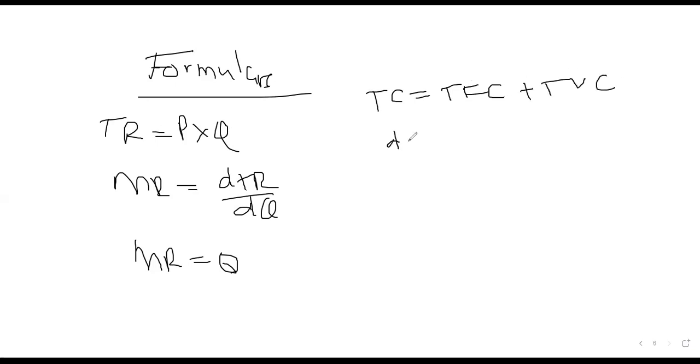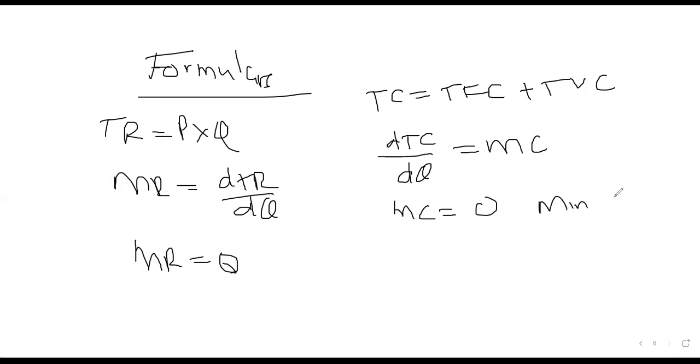When you differentiate the TC over the Q, what we're getting is what? Marginal cost. So when marginal cost is equal to 0, what are we doing? We're minimizing cost. We can't maximize costs. When MR is equal to 0, we are maximizing what? Revenue or sales.